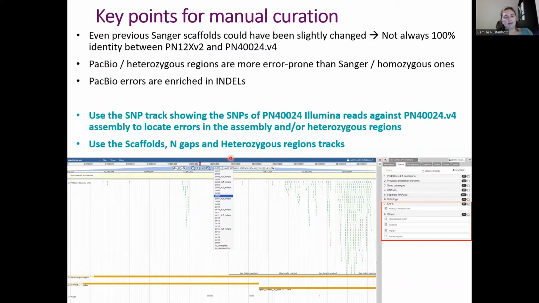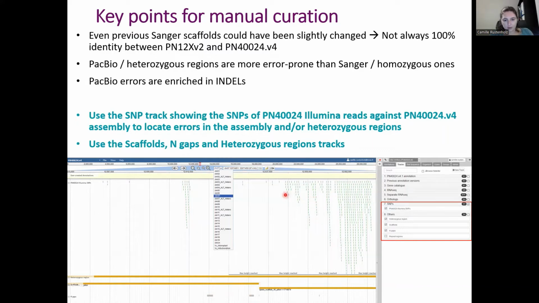To help you locate the scaffolds, the remaining N gaps, and also the heterozygous regions, we made some dedicated tracks for that. For example, here you can see the track of the heterozygous region. When you have a yellow box like this, it means that you are actually in a heterozygous region. The scaffold track here shows that we are at the junction of two different scaffolds, and the gray bars here show the regions where we still have some N in the sequence.